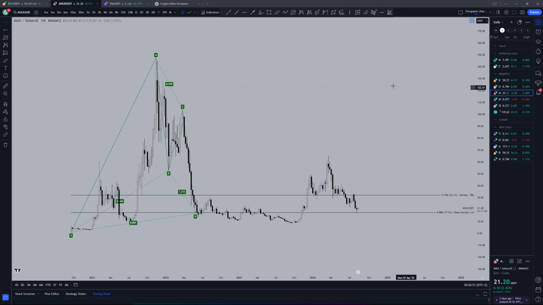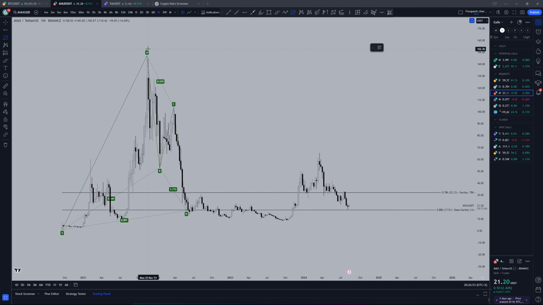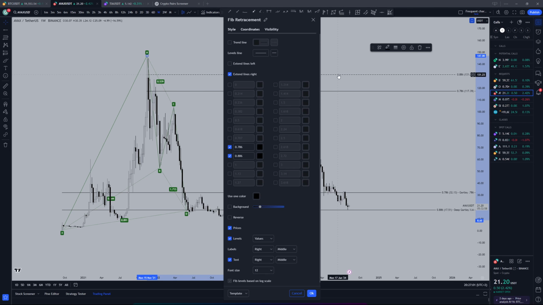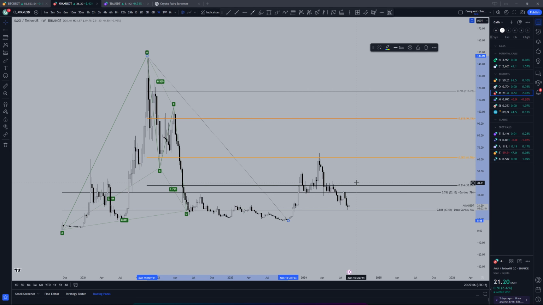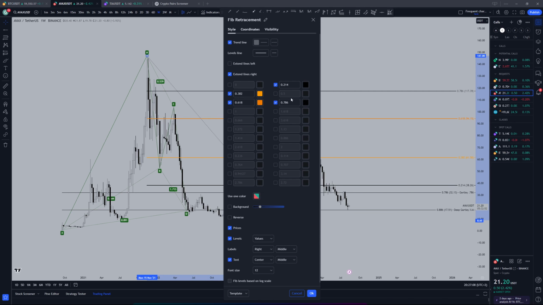Something I specifically noticed on AVAX while charting higher time frames is that AVAX is following, I think this is actually the lowest point in AVAX, almost perfectly this type 1 to type 2 structure.